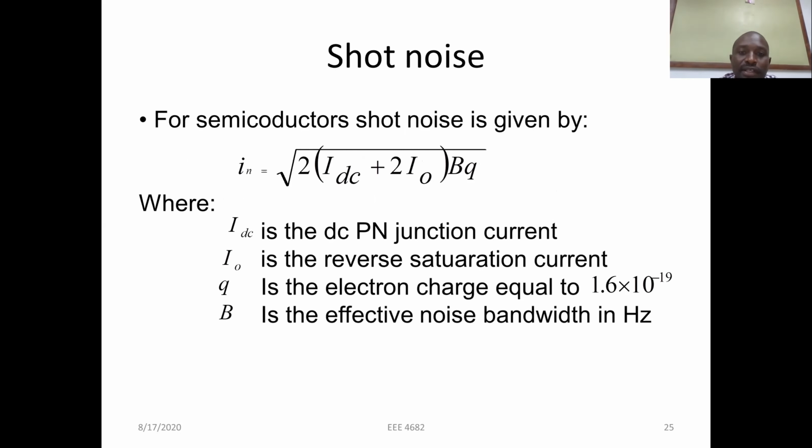Again, Q there stands for electron charge equal to 1.6 times 10 to the power minus 19, while B is the effective noise bandwidth, and IDC is the P-N junction current, while IO is the reverse saturation current.